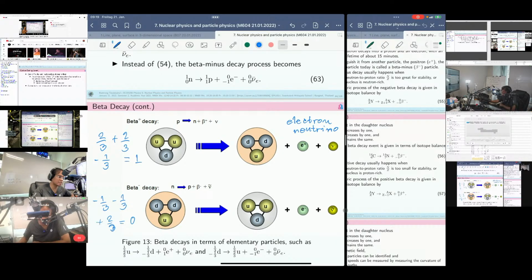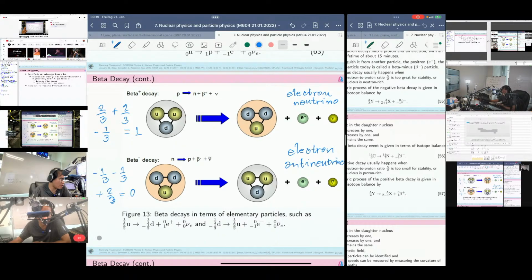This is called the electron antineutrino. Okay, it's the antiparticle to the neutrino. In more detail, at the nuclear particle scale, we won't talk about a proton becoming a neutron.